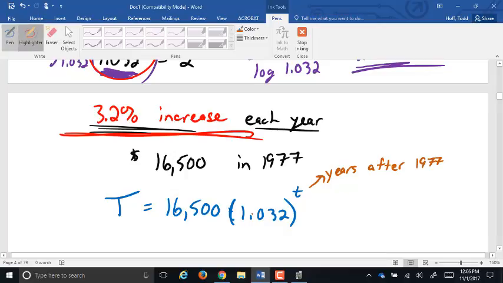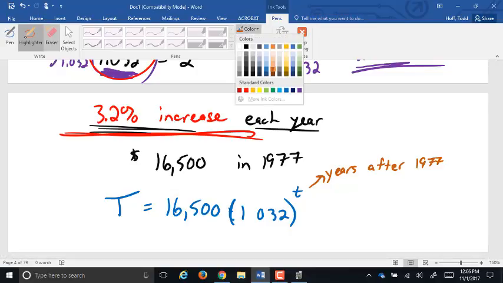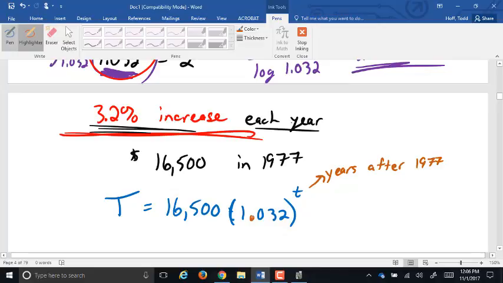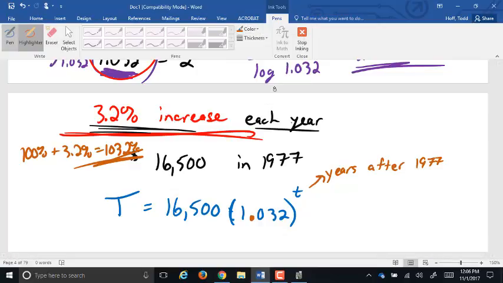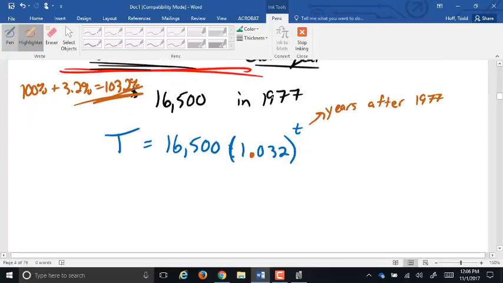Now, first, where did the 1.032 come from? Exactly. That is the 3.2% increase. It's 100% plus 3.2%. So it's 103.2%. So that is our exponential model for that 3.2% growth.